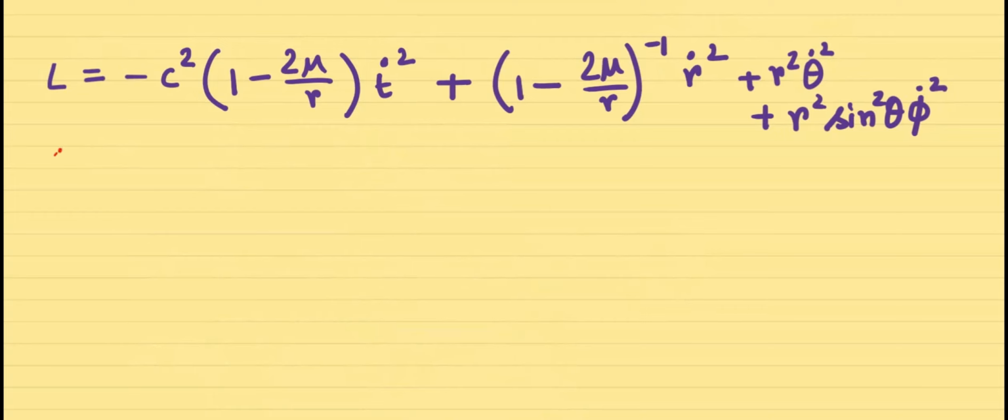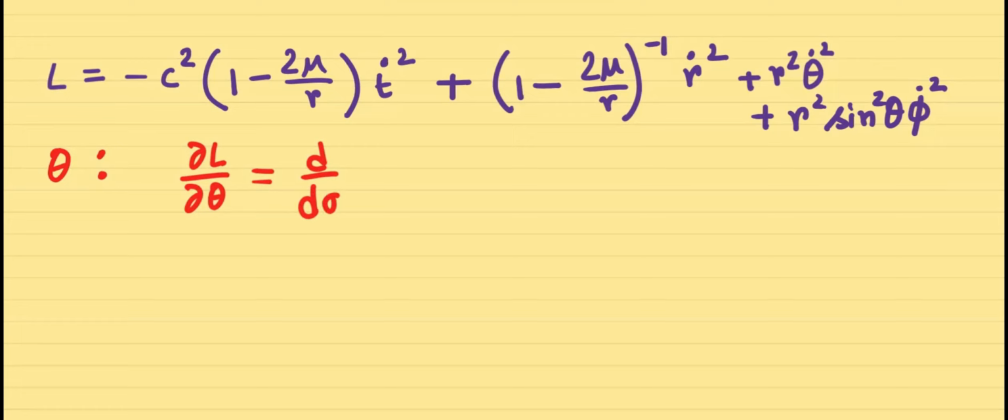And this is our first geodesic equation. Next, we choose the variable theta, and for theta, the Euler-Lagrange equation looks like the partial derivative of L with respect to theta, and then the total derivative with respect to sigma acting on the partial derivative with respect to theta dot. Do we have a metric component that depends on theta itself?